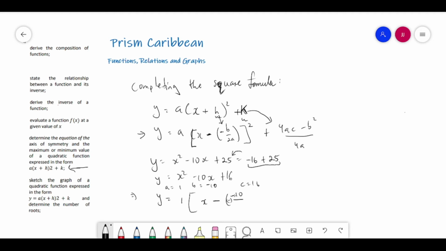So we have negative 10 from the minus 10 here over 2a, which in this case will be 2 into 1. Right? We close on that, put the square. Plus 4 into a which is 1, c which is, in this case, 16, minus b squared, which we know b is negative 10 squared, all over 4 by a which is 1.